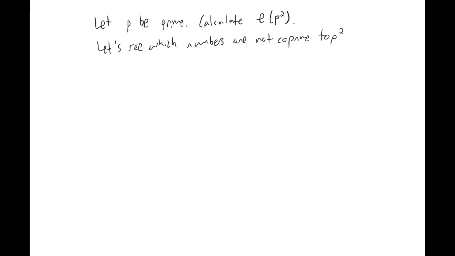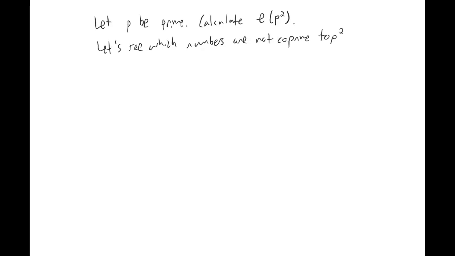So let's count. What's the smallest number? Can it be 1 to p minus 1? Can any number between 1 and p minus 1 share a factor with p squared? No, right?